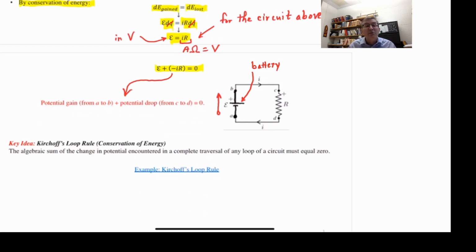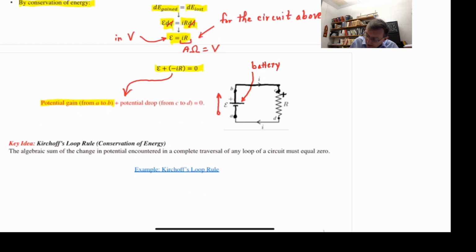So we go first from point A to point B. That means we go through the EMF in the direction of the energy gain. So we'll have a potential gain from point A to point B in an amount of the EMF. Then we go through the conducting wires. As far as we're concerned, there's no potential change there until we get to this point labeled C, at one end, the high potential end of the resistor.